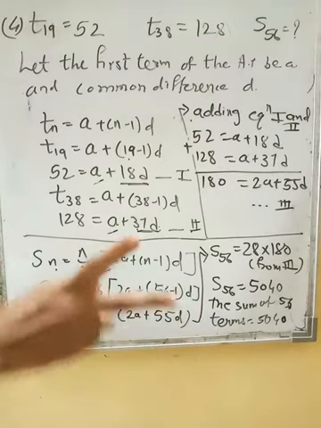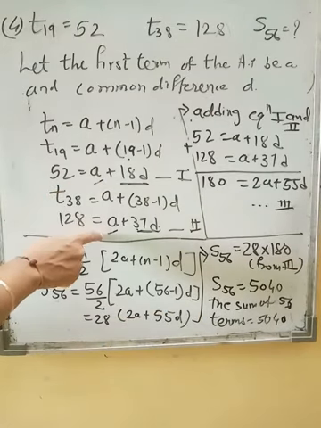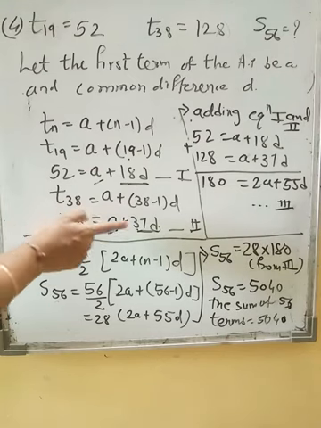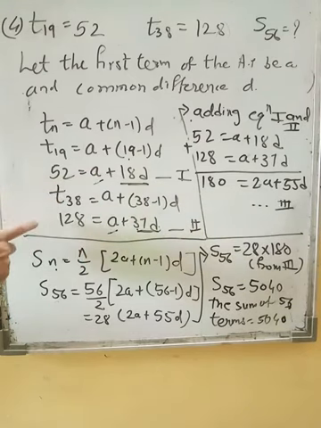Otherwise, if you wanted to know the AP, solve this. Subtract this from this. Subtract 1 from 2, then you do the subtraction and you will get the value of d, then get the value of a and you can write down your AP. So if you are interested, you can go for it. Otherwise, as for the sum, that is not expected.